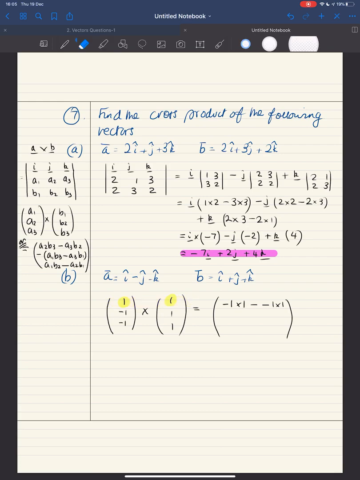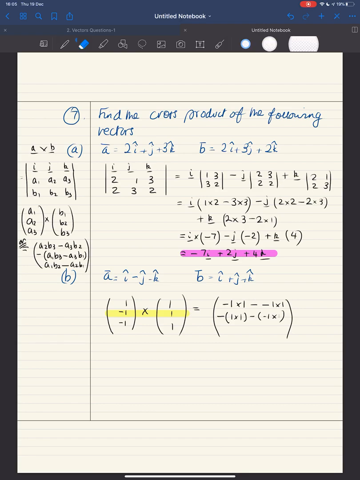For the second one, you ignore that row. So the crossed-out row is ignored. Put an extra minus here, and then it's 1 times 1 minus minus 1 times 1.